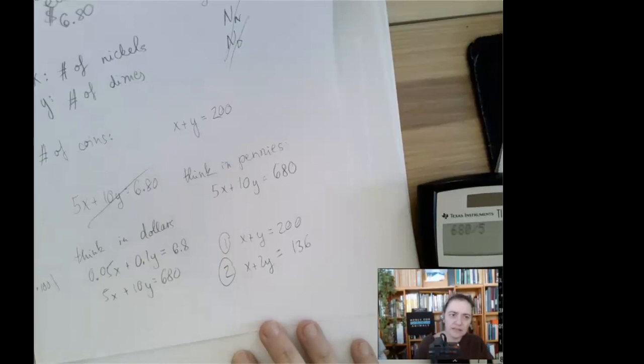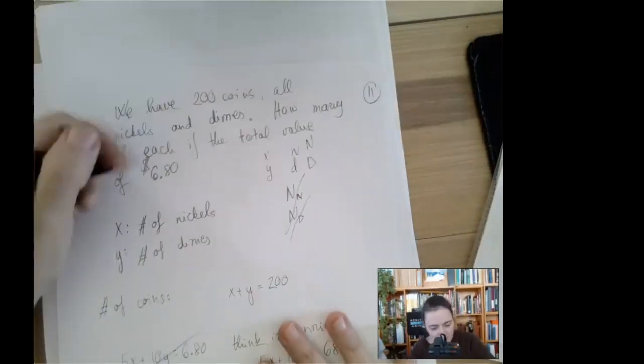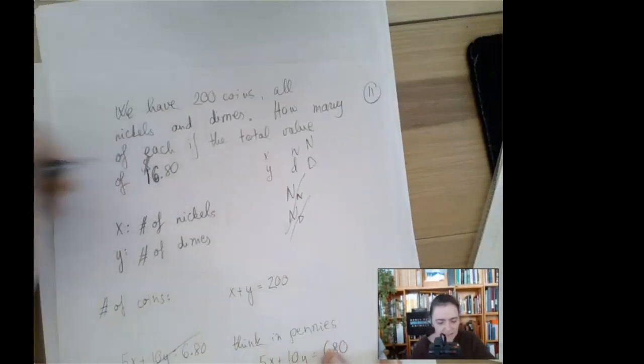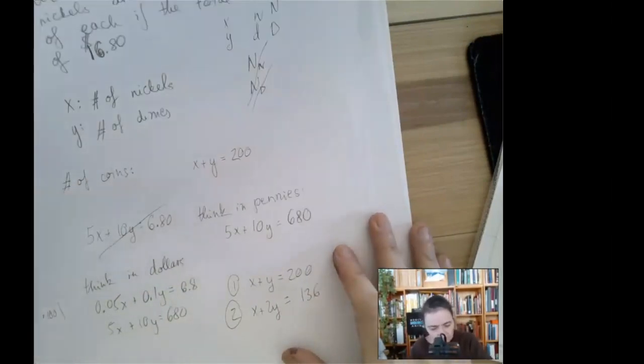We get a negative answer. What did I do? $16.80. It has to be 1680. I'm terrible. Sorry.